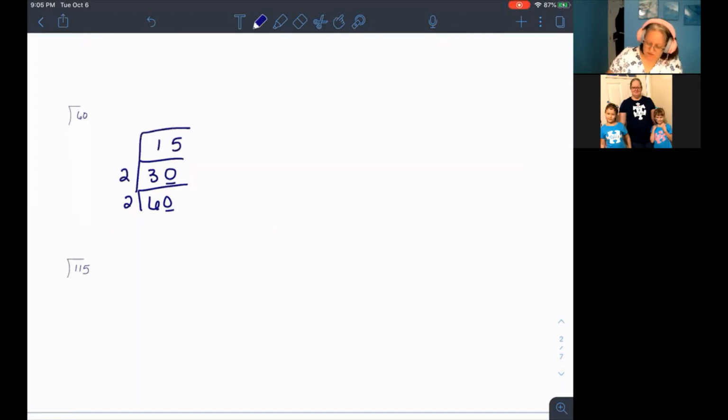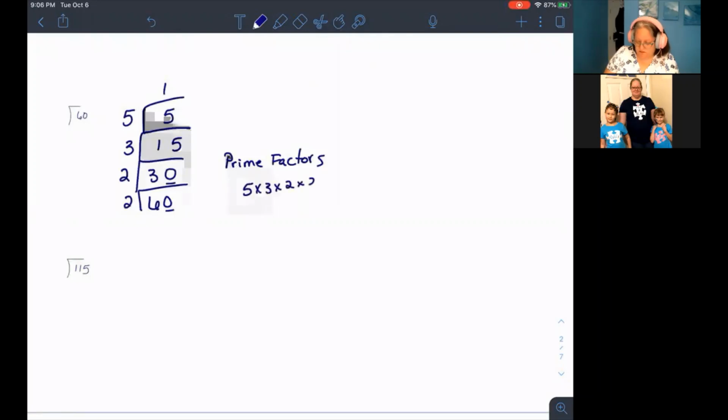Can't do 2 anymore, but we see 3 will work. 3 times 5 is 15. And then 5 divided by 5 is 1. So our prime factors are 5 times 3 times 2 times 2.